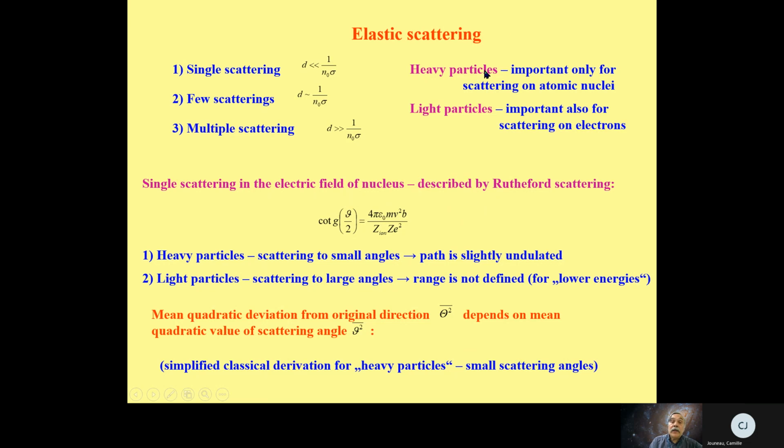I said to you that for light particles, and mostly for heavy particles, elastic scattering is also possible, not only on electrons but also on heavy atomic nuclei. For these heavy particles, only scattering on atomic nuclei is important.